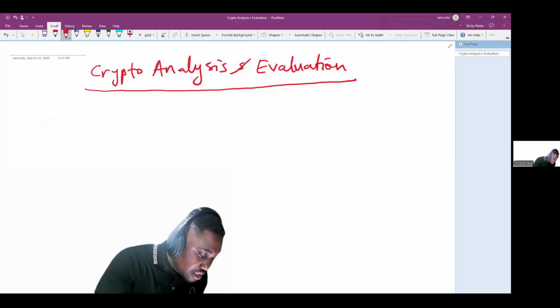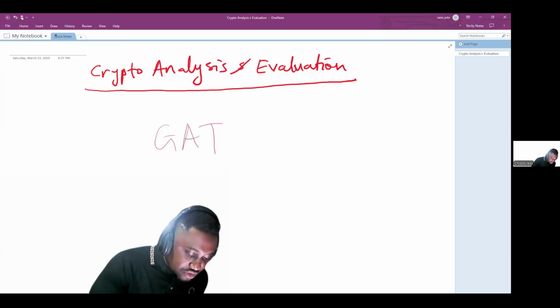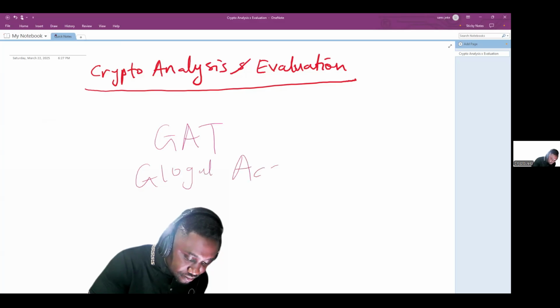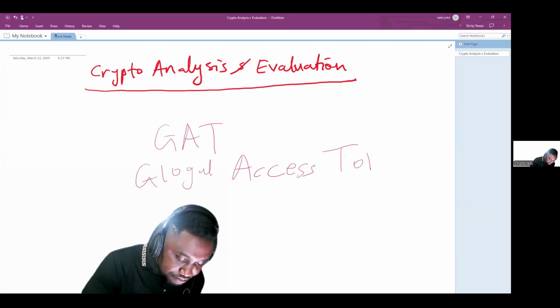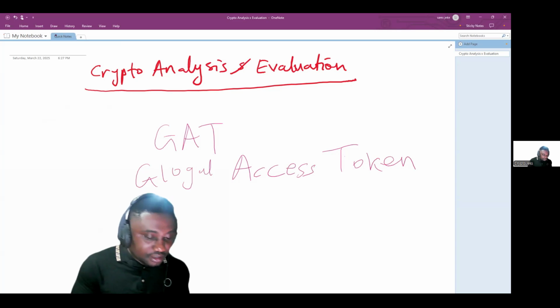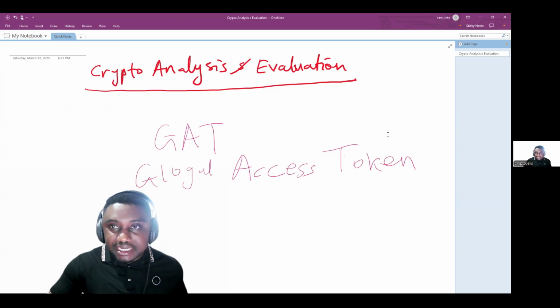So this is GAT, G-A-T. It was called Global Access Token. We're going to be looking at GAT as a token to see how we can analyze this.